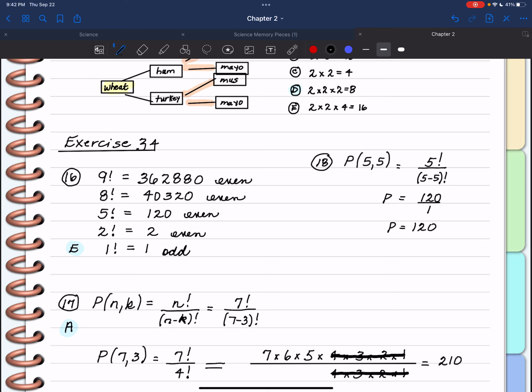You could also just have done 5 factorial to start with, because remember, when n and k are the same number, it's the same as just doing the factorial. So either of those methods would have worked here. I want 120, and that looks like B as in Bravo. All right.